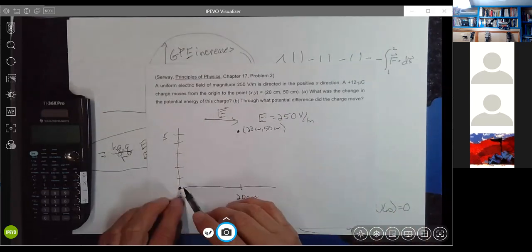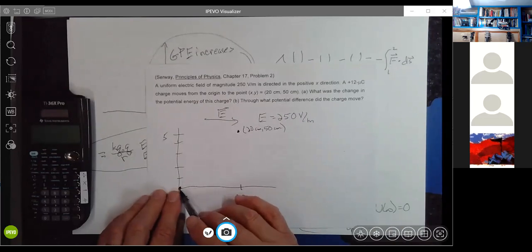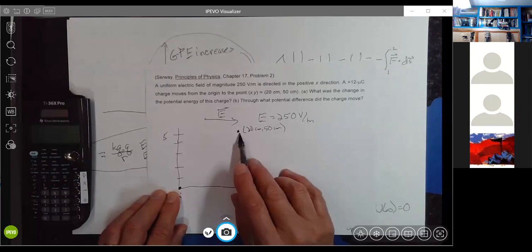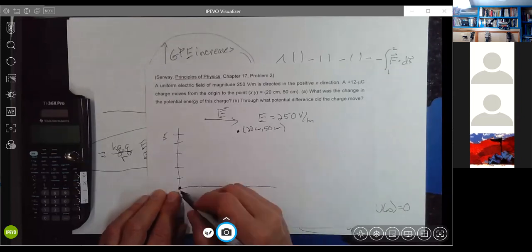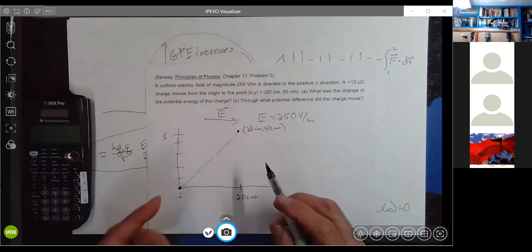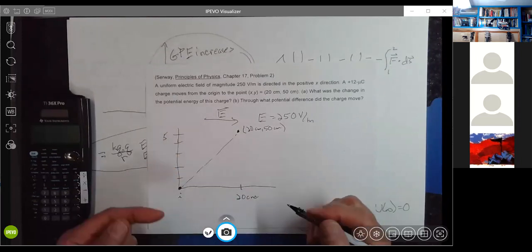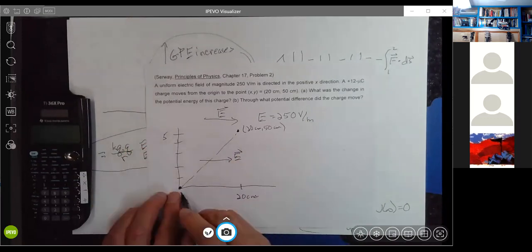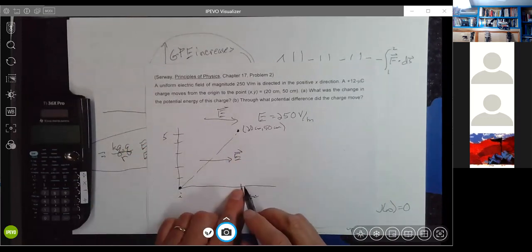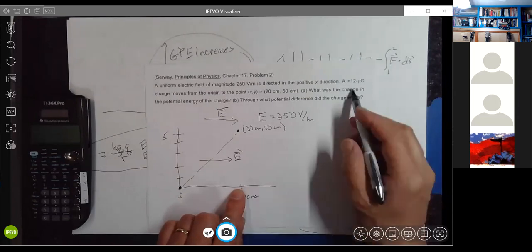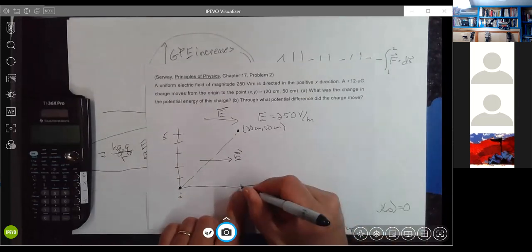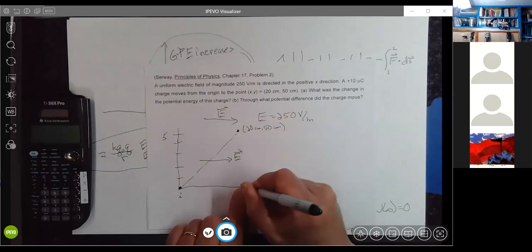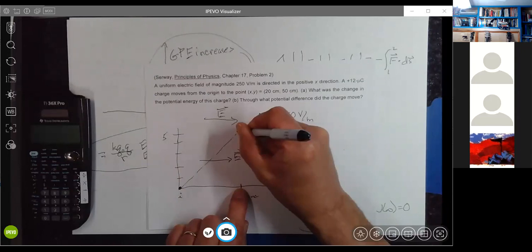Well, the change in potential energy is the same whether I move it this way first and then this way, or whether I take it along a line that goes like this. When I've got the electric field that's only pointing to the right in here, I can bring that charge out to here. What am I moving? Positive 12 microcoulomb charge. And when I move it up here, I'm moving sideways relative to the electric field.